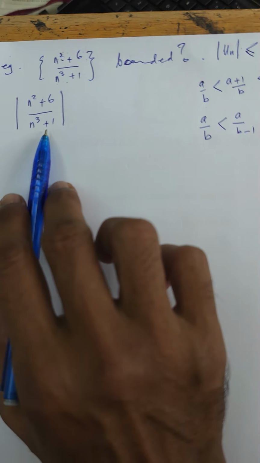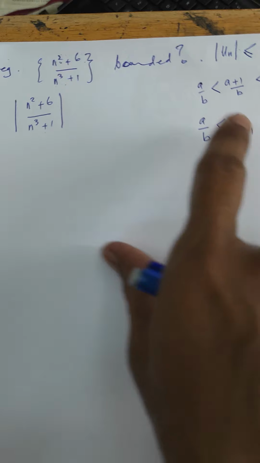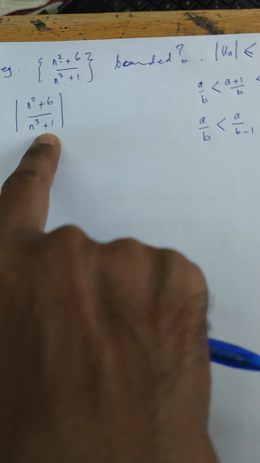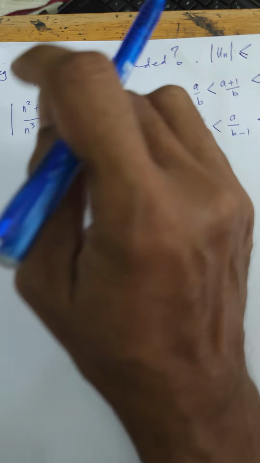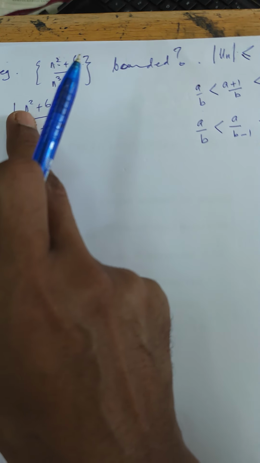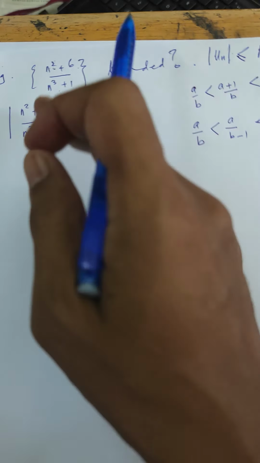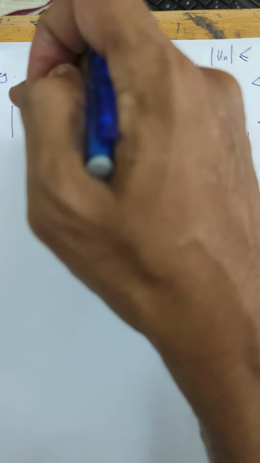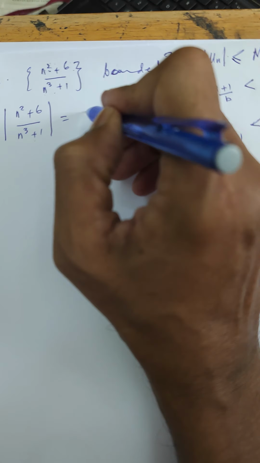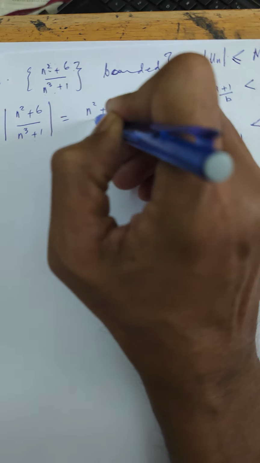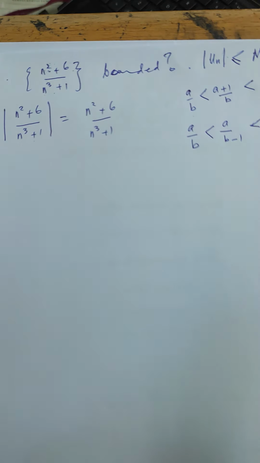First, if I use the second idea here, I can decrease the denominator. Because n is always positive, the numerator as well as the denominator are always positive, so I can just write this as n squared plus 6 over n cubed plus 1 without the absolute symbol.